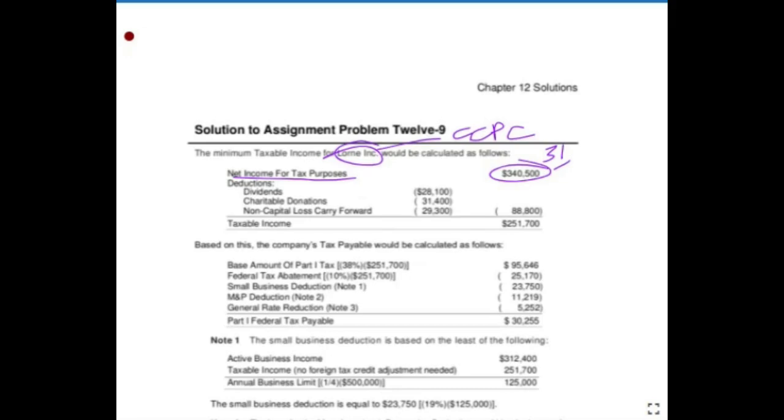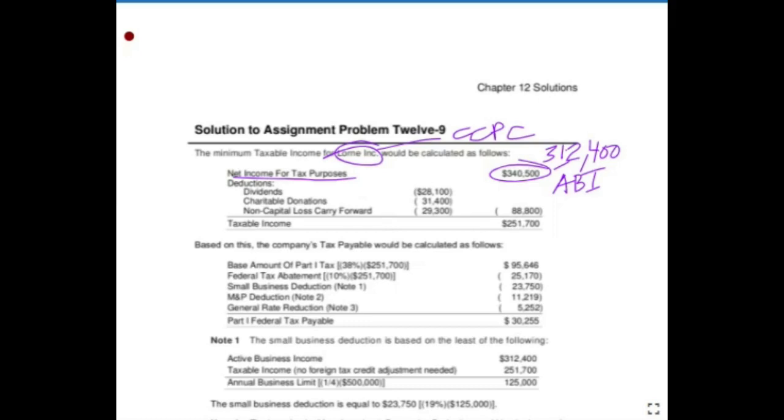So $312,400 of ABI, active business income. There's a little bit of passive involved here. What else is included in there? $28,100 of dividends from various Canadian public companies.